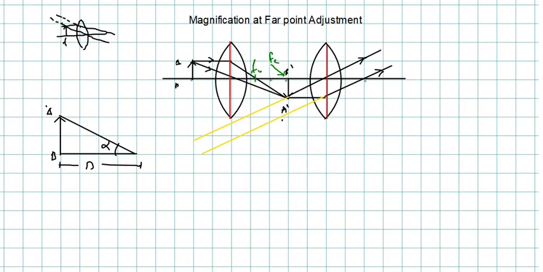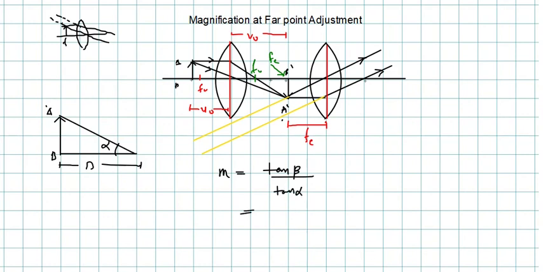Okay. So now you see, this distance must be f of e, this must be f of o, this must be UO, and this must be VO. So, magnification, let us establish the relation now. Angular magnification M will again be tan beta by tan alpha.